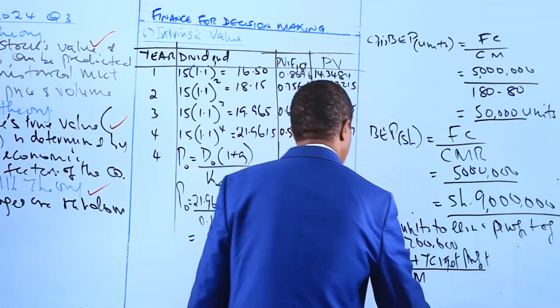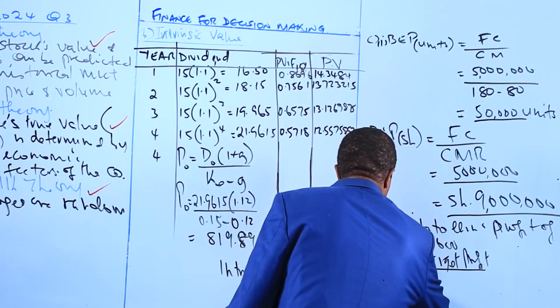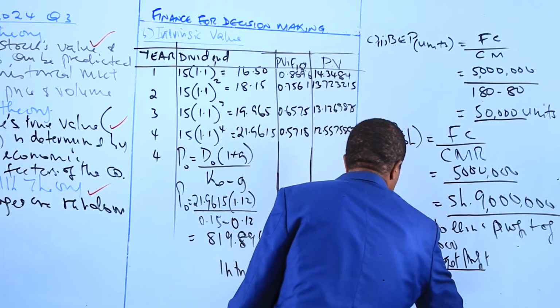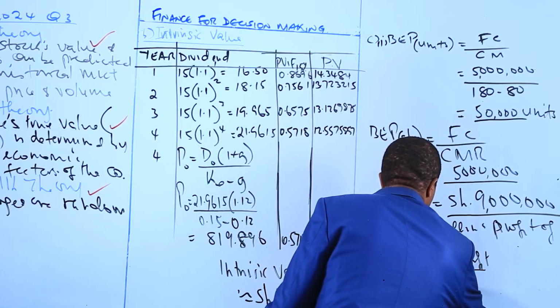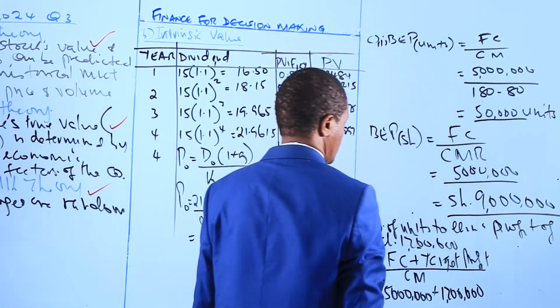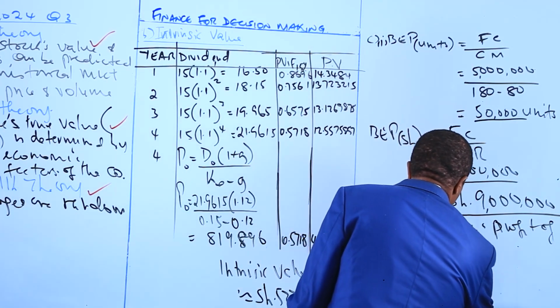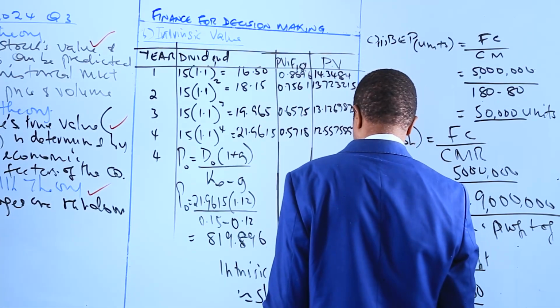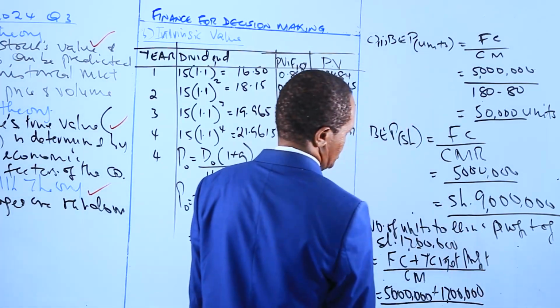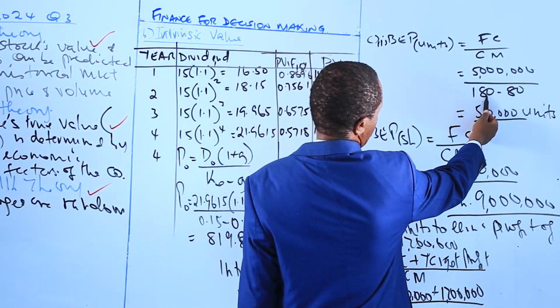We know the fixed cost is 5 million. We know the target profit is 1.2 million. We know the contribution margin, we had calculated it. The contribution margin is 100, which is 180 minus 80.